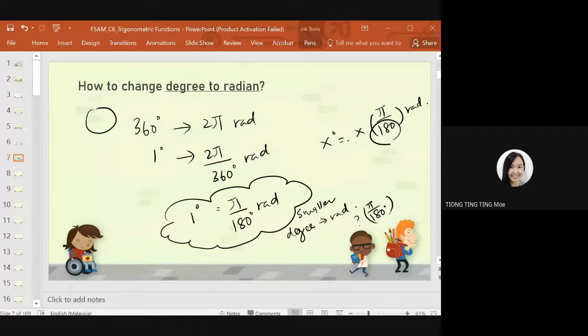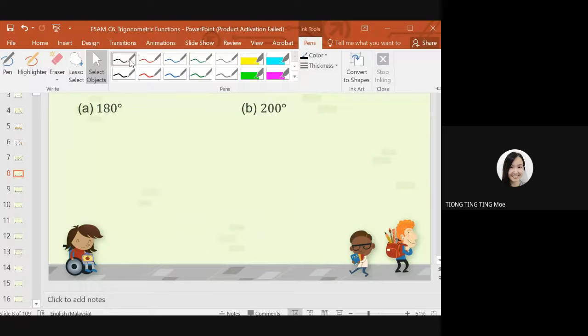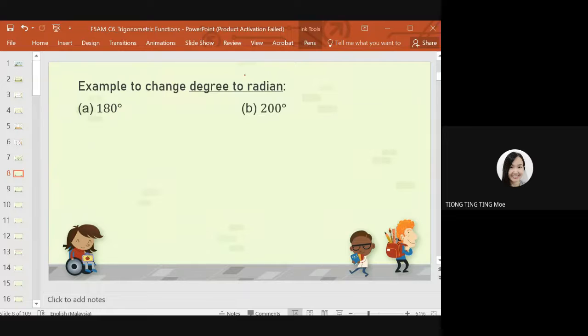So now degree to radian. Now you can remember already: multiply by pi over 180. First we do it together. So 180 degree, how to change to radian?